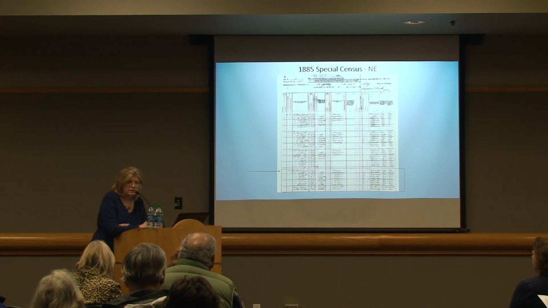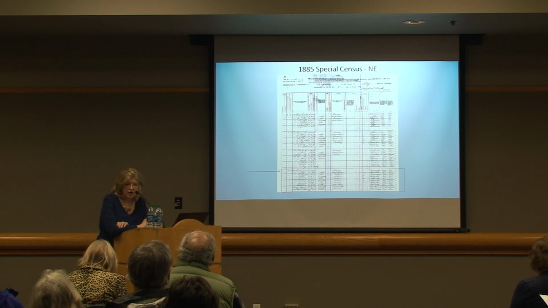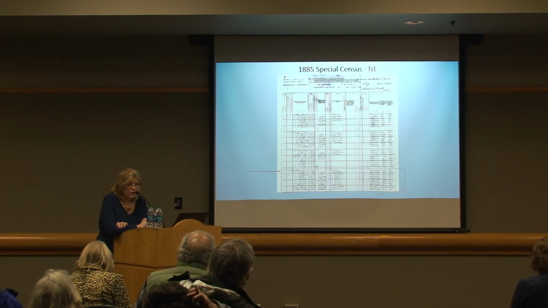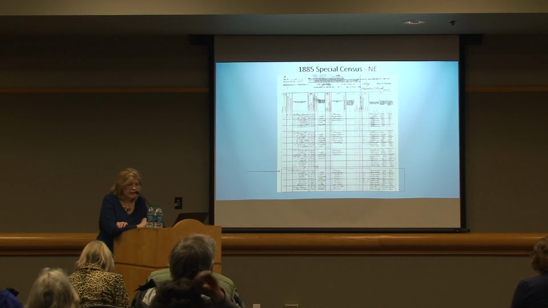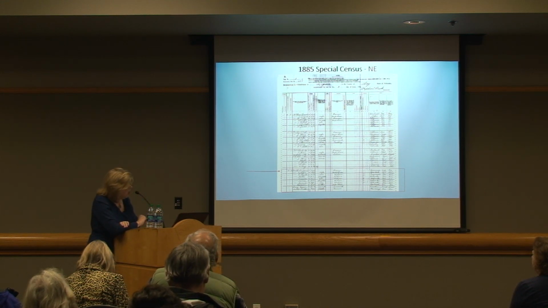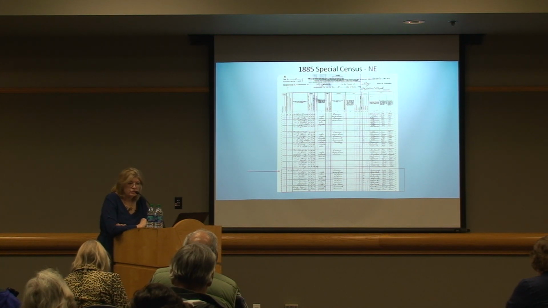In order to sweeten the pot a little bit, Congress said, we will reimburse you 50% of the cost of hiring census enumerators. But even though all the states were mandated to do that, not all of them followed Congress's dictates. Only Nebraska, Florida, and Colorado, along with New Mexico and the territories, did this.